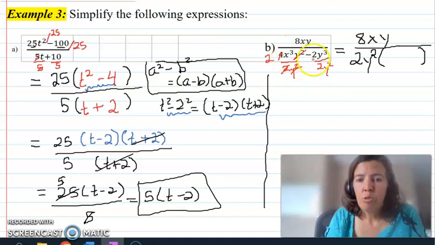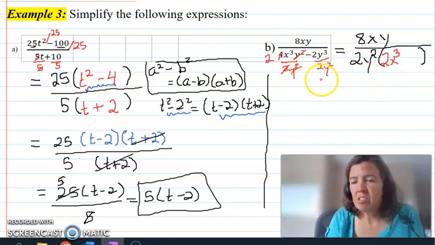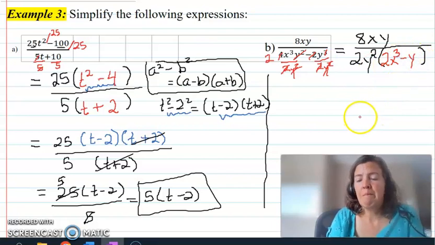So I'll have 2x cubed from the first part of that difference in the denominator. And in the second part, the 2's cancel. I have y cubed divided by y squared. The lower power cancels, and what's left is the difference, 3 minus 2, so y to the first. So this is just minus y.